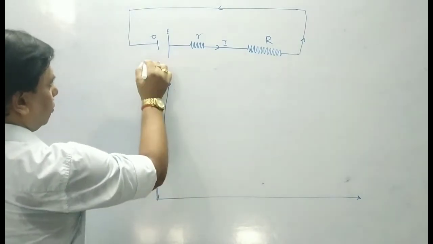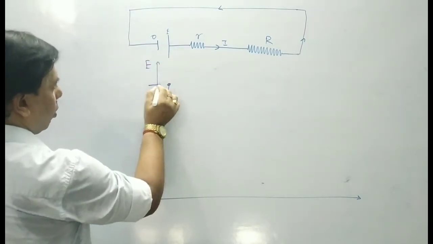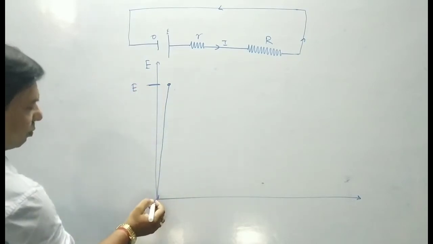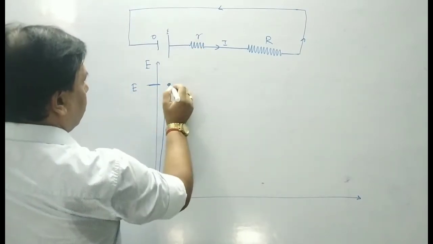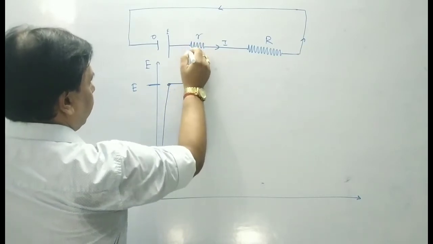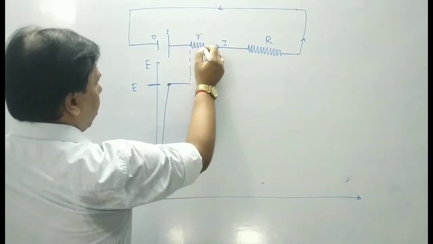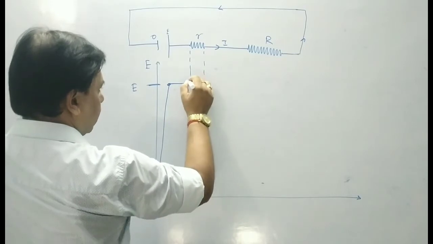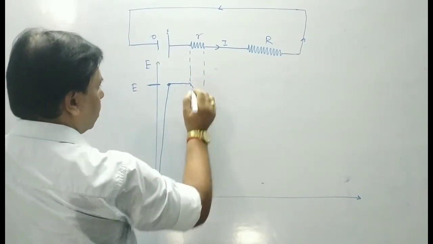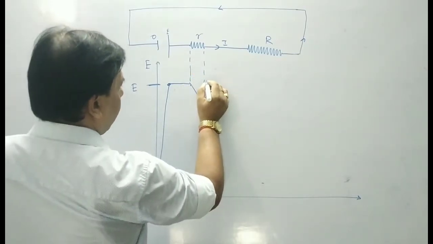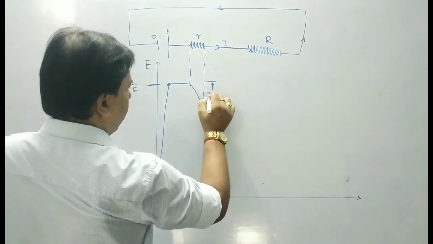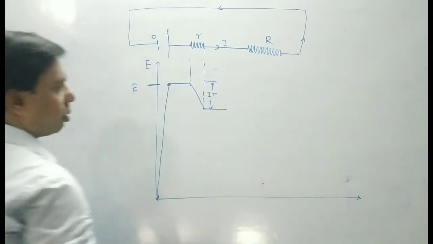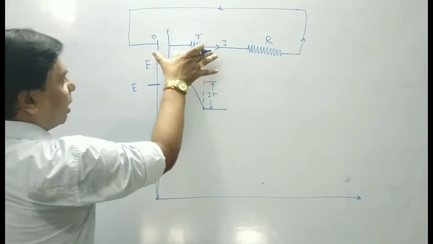From 0 to this, it will go on no change up till here. Here, some of the potential will drop. This is Ir.